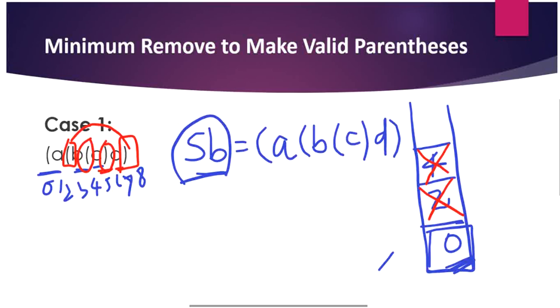Our stack simply tells us there is an extra open bracket at this index, go and delete it. So now we have 0 in our stack, so we have to delete the character at 0. That will make the string A open bracket B open bracket C close bracket D and a close bracket at the end. So this is our valid string.